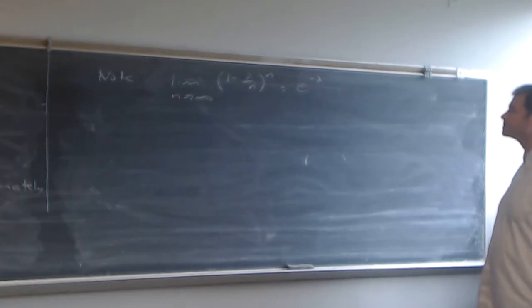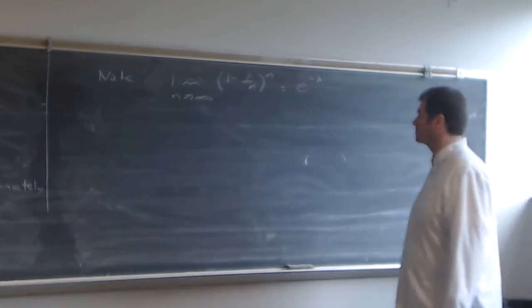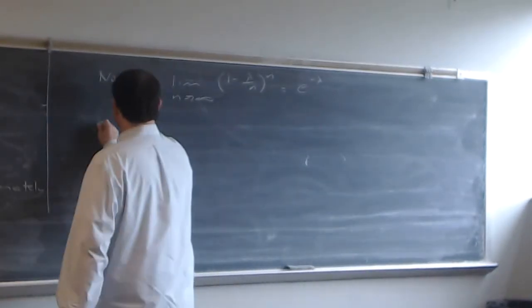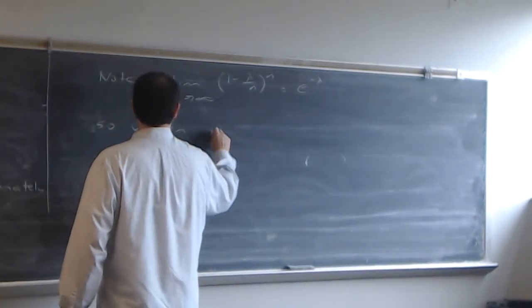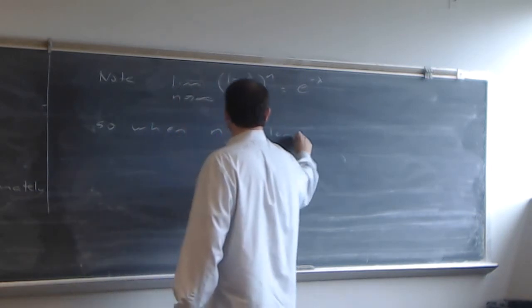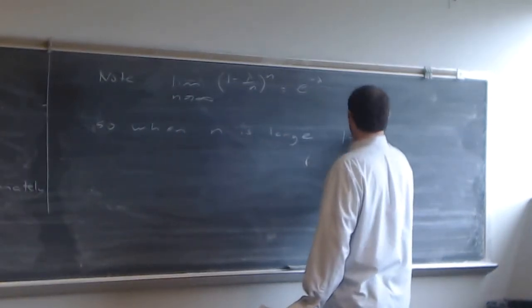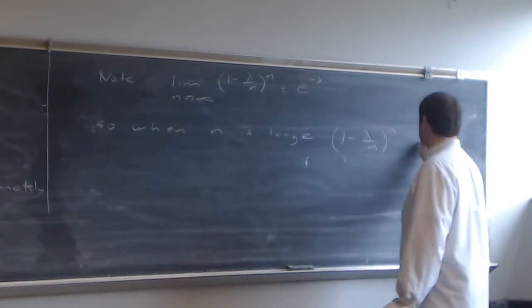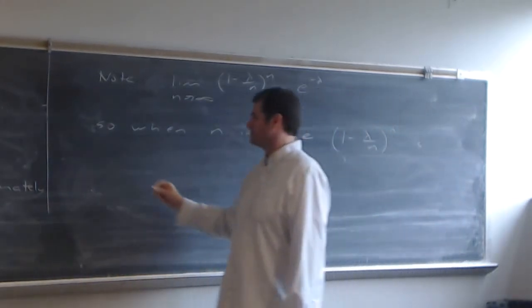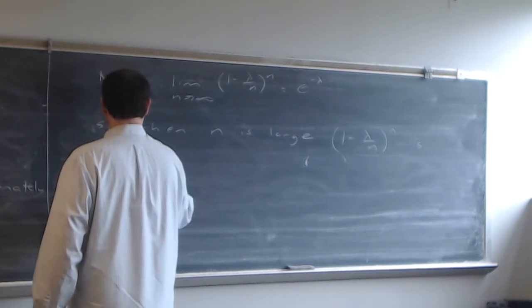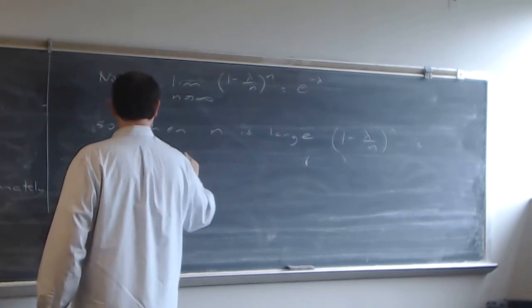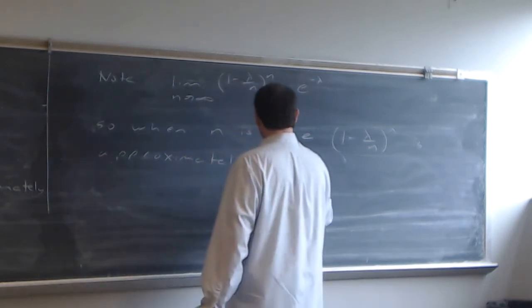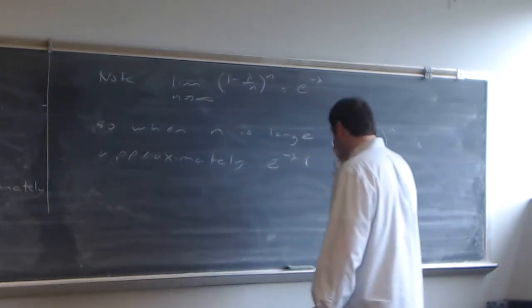So when n is large, 1 minus lambda over n raised to n is approximately e to the minus lambda.